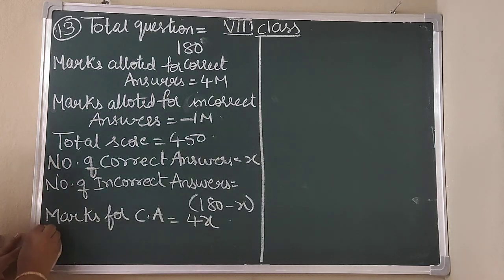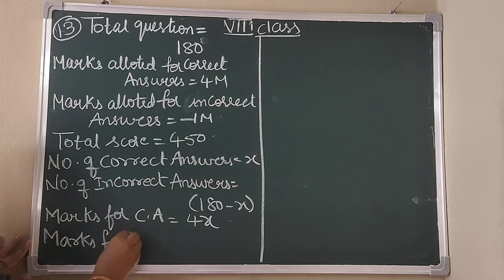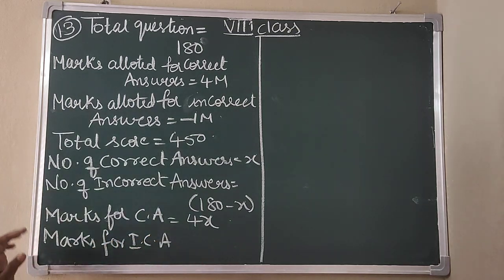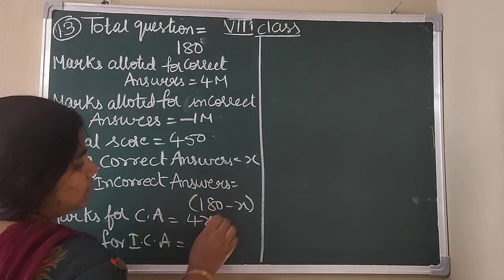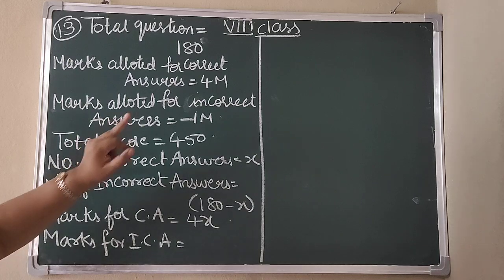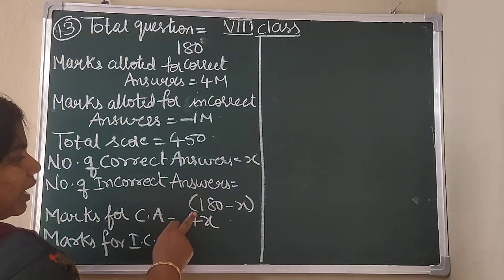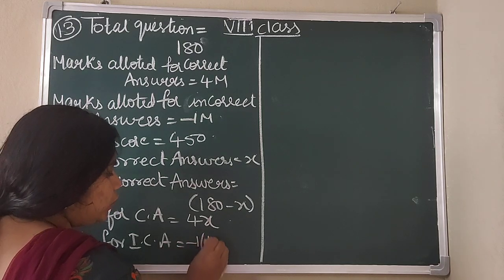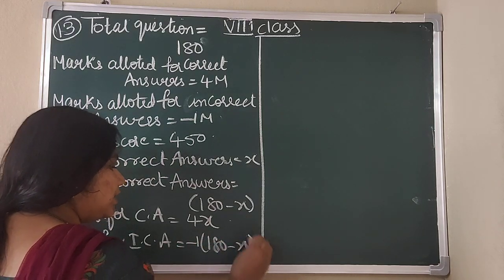And marks for incorrect answers, ICA is nothing but incorrect answers. That is 180 minus x. For one incorrect answer, -1 they are reducing. For 180 minus x incorrect answers, that will be -1 into (180 minus x).